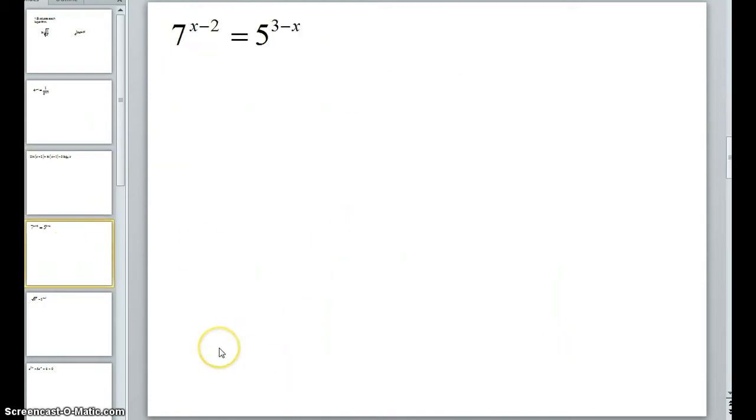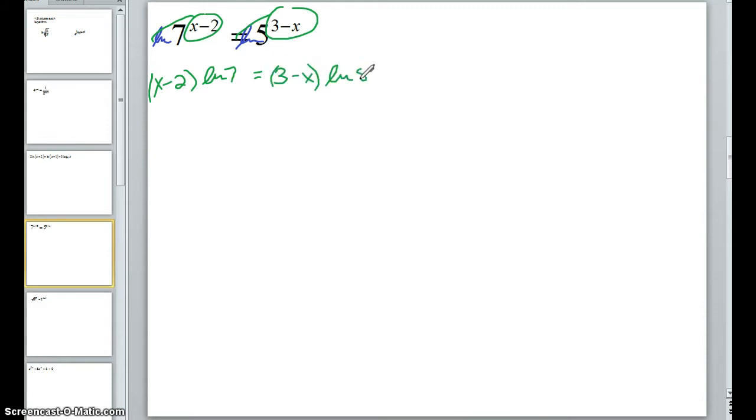Okay, so for this one, we're going to need to take the ln of both sides because they are not equal bases. So we'll ln here, ln there, and then we'll bring the power down in front of the ln here and right there. So we're going to have x minus 2 times ln of 7 equals 3 minus x times ln of 5.